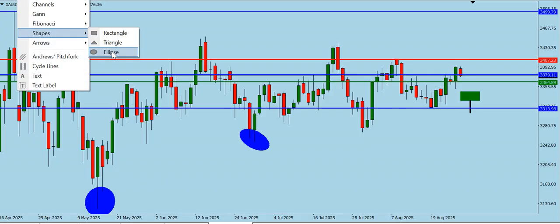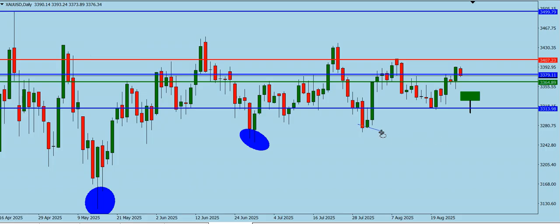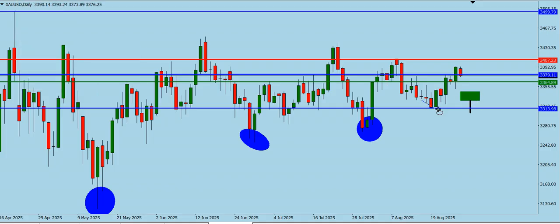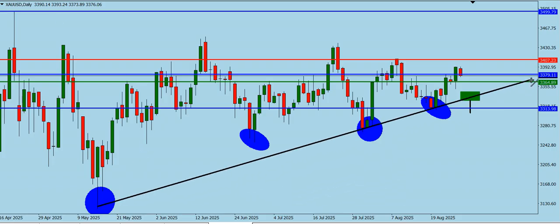We have another low here, and we have the latest low around here on the daily time frame. So we have an ascending trend line.